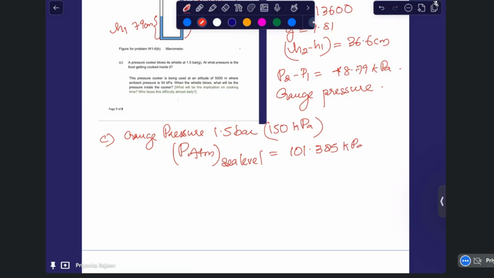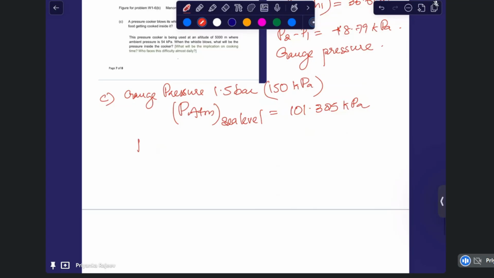Now P absolute will be gauge plus P atm, Pg plus P atm, which is equal to 150 plus 101.325, which is 251.325 kilopascal. Okay.